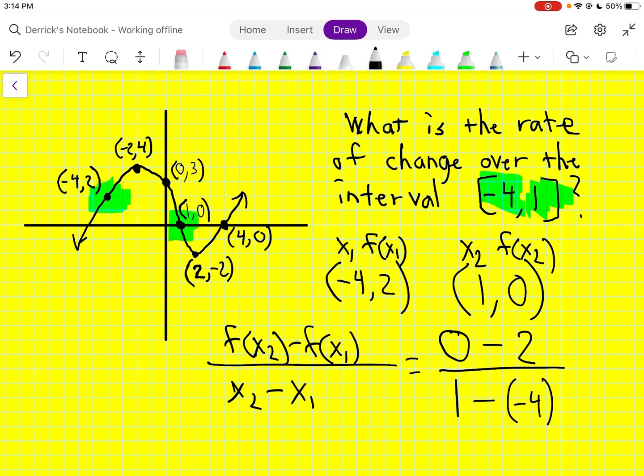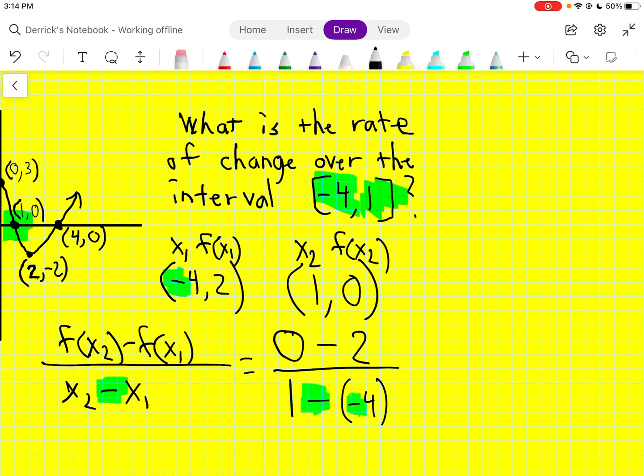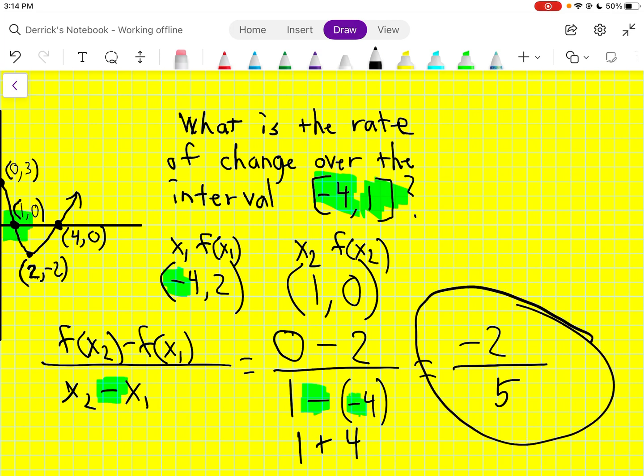Make sure you don't forget the double negative there, because one of the subtractions is coming from the formula, and the other is coming from the actual coordinate point. So 0 minus 2 would just be -2, and 1 minus a -4 is the same thing as 1 plus 4, which gives us 5. And that would be our answer for the average rate of change over the interval -4 to 1.